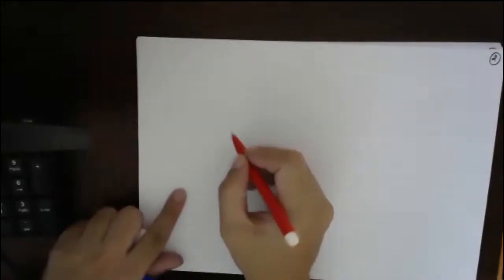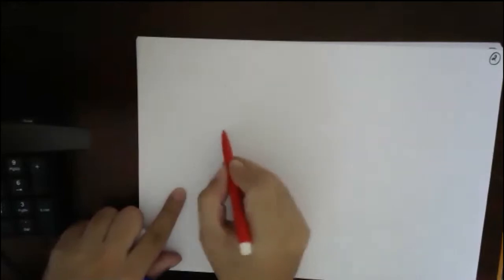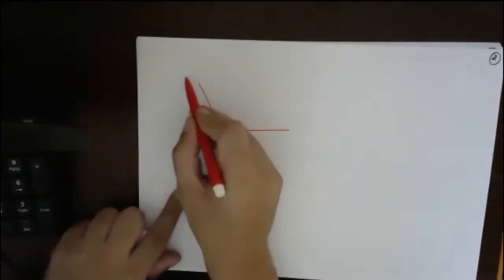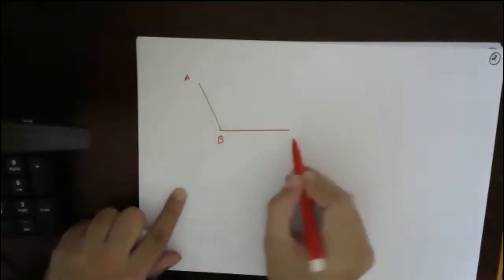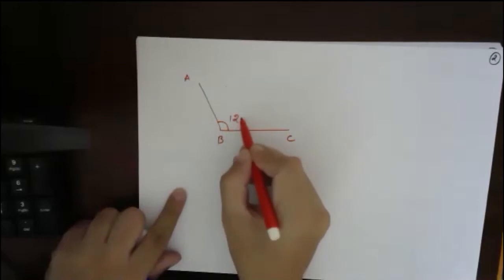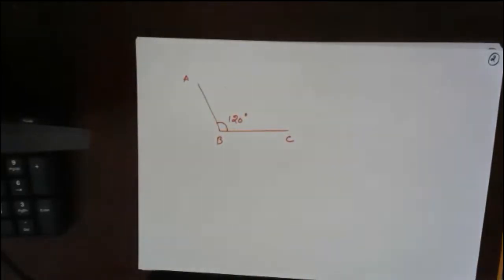Okay, once again I will explain. This is suppose 120 degrees. So tell me what is the angle ABC?